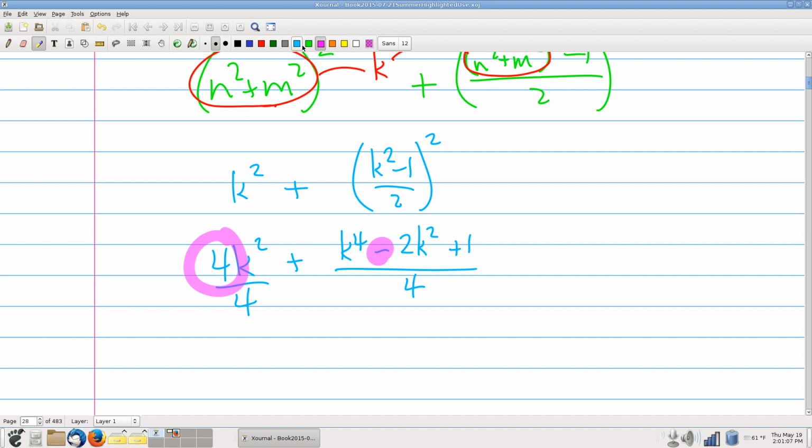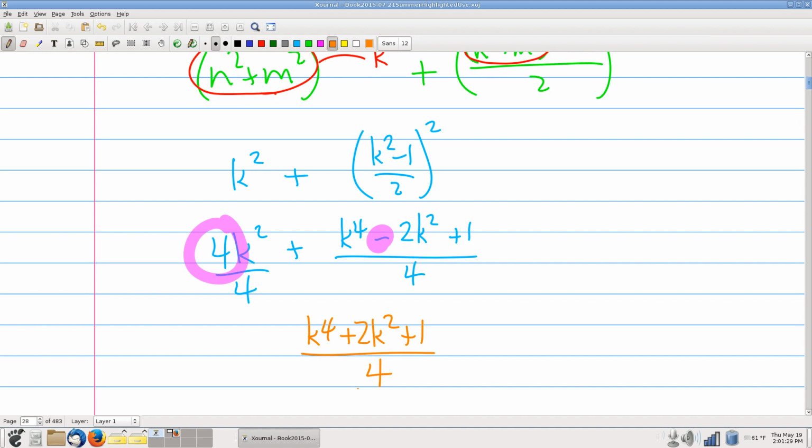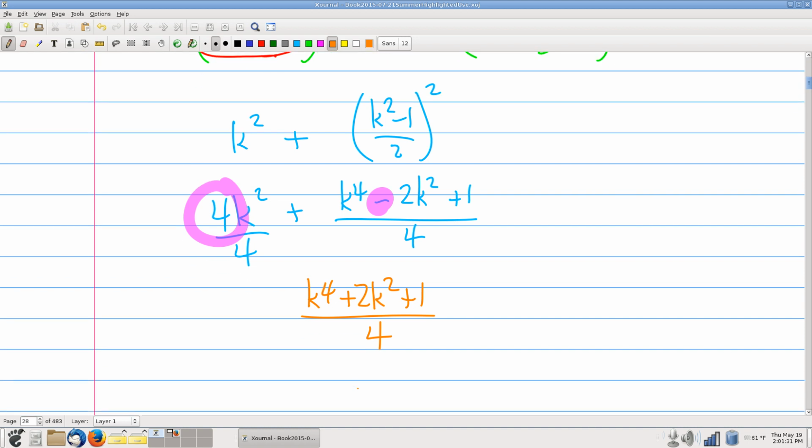Let's see, I guess I'll switch to orange. So I have K to the 4th plus 2K squared plus 1 all over 4. Is that good? Yeah. Okay. And now we recognize this is a perfect square.